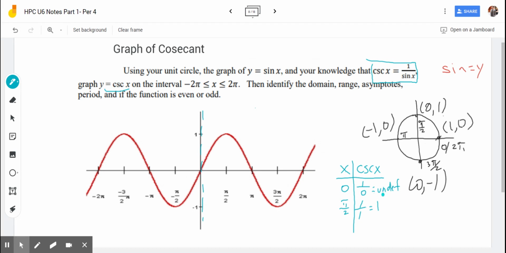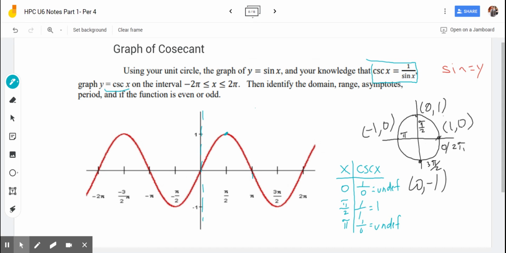If you subbed in 0, it would be undefined. At pi over 2, we would be at 1, a shared coordinate. And at pi, it would again be 1 over 0, an undefined value.